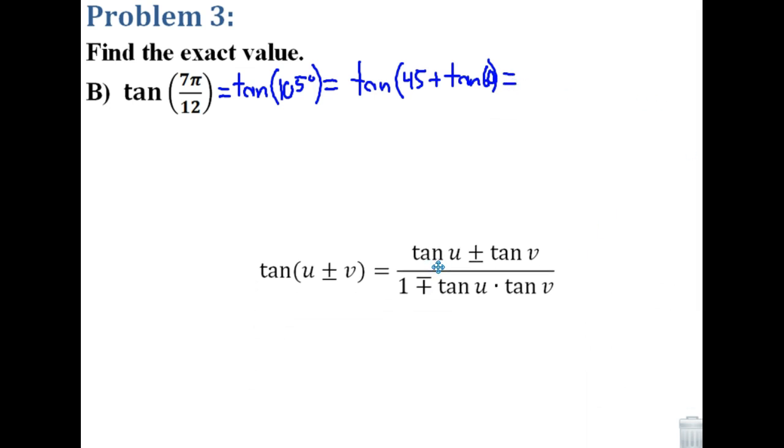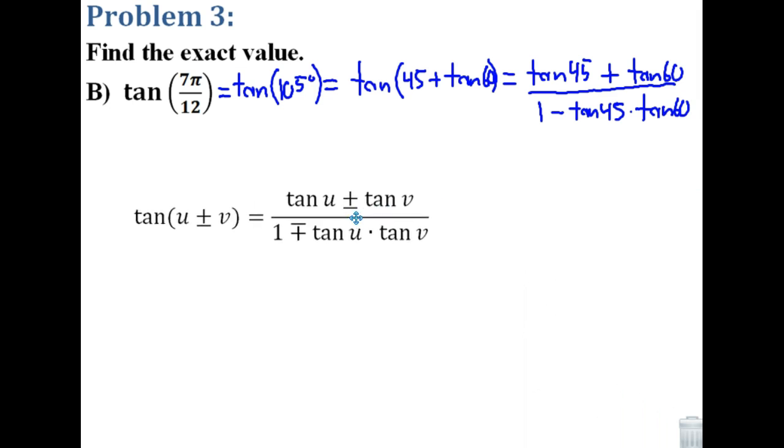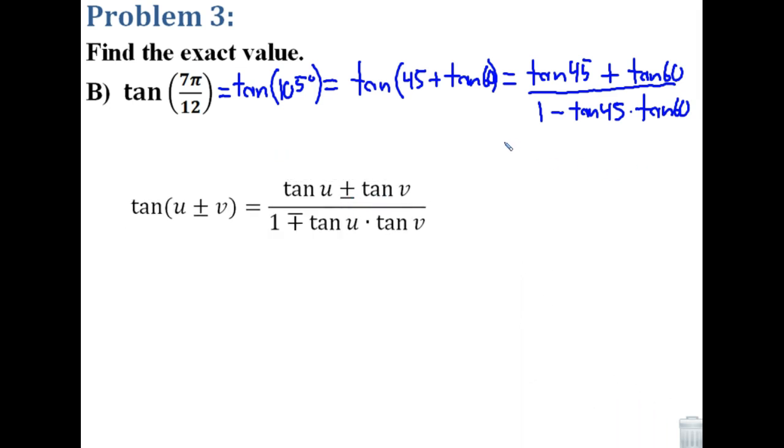And if I convert that using my sum and difference identity here, that's going to be the tangent of 45 plus tangent 60, all over 1 minus tangent 45 times the tangent of 60. Okay, identity's done. We'll get that out of the way.